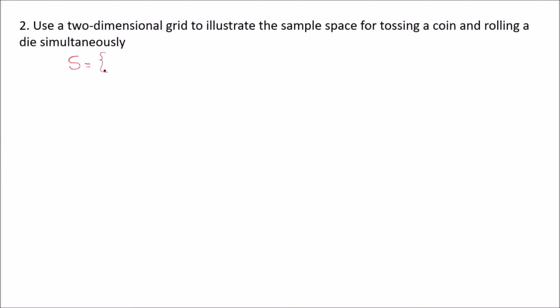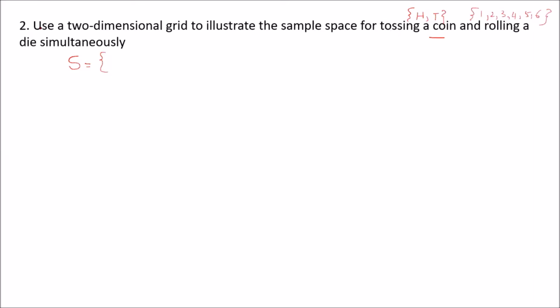What are the outcomes? When we toss a coin, outcomes are getting head or tail. When rolling a die, outcomes are 1, 2, 3, 4, 5, 6.